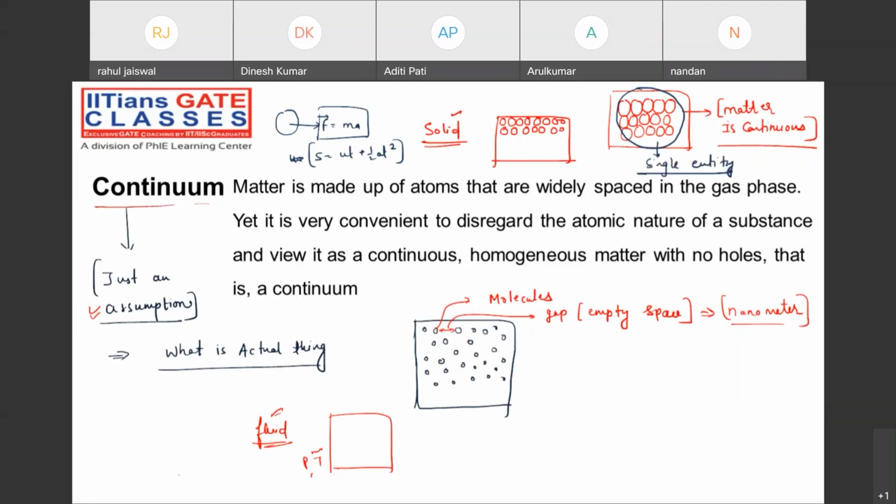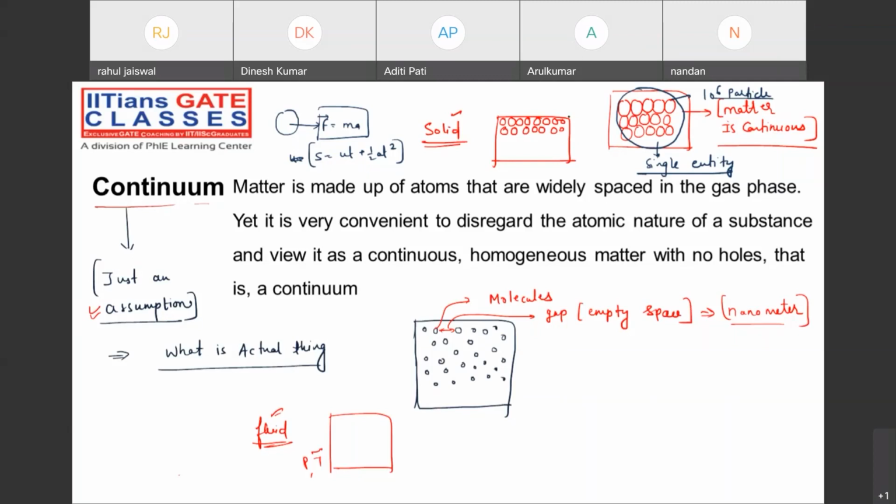When you consider this whole system of particles, suppose that 10 to the power 6 particles are there, maybe 10 lakh particles, but when the gap is very, very small, you can treat this complete fluid particle as a single entity. Now you can apply Newton's second law or all the laws that exist in engineering mechanics very conveniently, very easily.